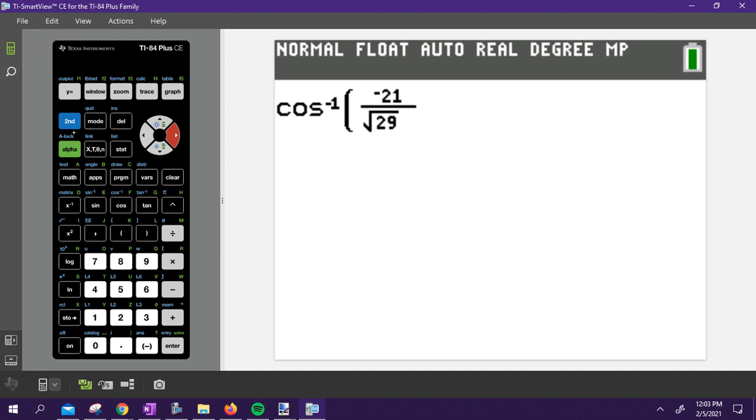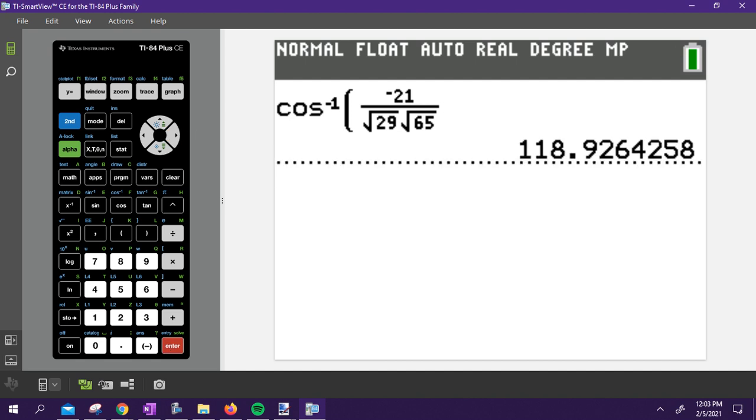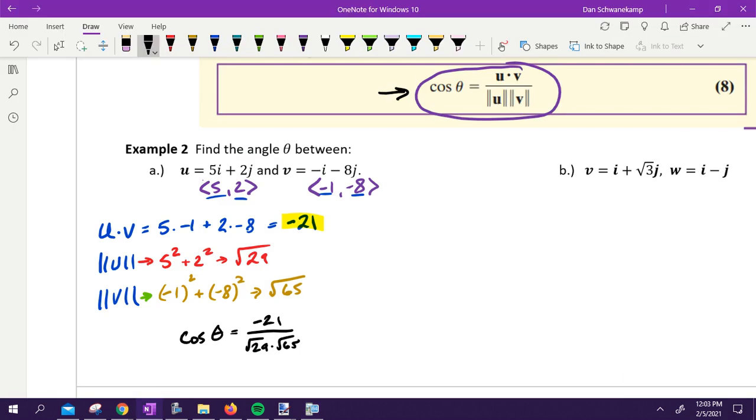And then go root 65. We type it all in. We hit enter. That is my answer, 118.926. Theta equals 118.926. And that is an angle. That's degrees. It's kind of a weird problem, but I got an answer for it.